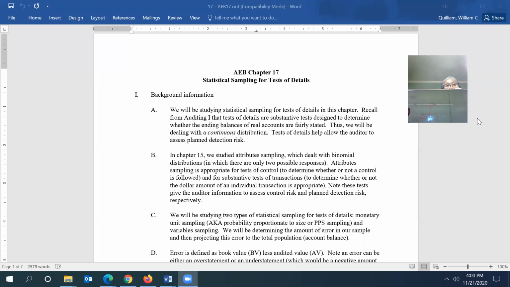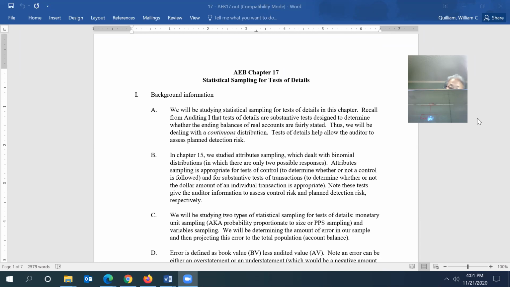So what's accounts receivable? We do have something that we need to finish up with accounts receivable that I haven't done yet, but I will for you online, which is chapter 16 about confirming individual accounts receivable. I'll talk more about that once I've finished this chapter here.